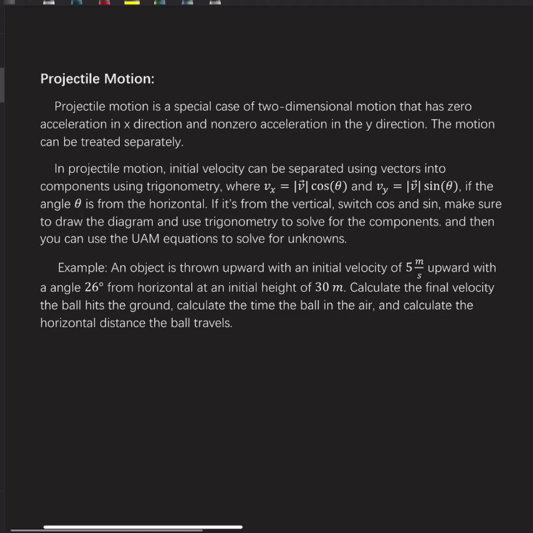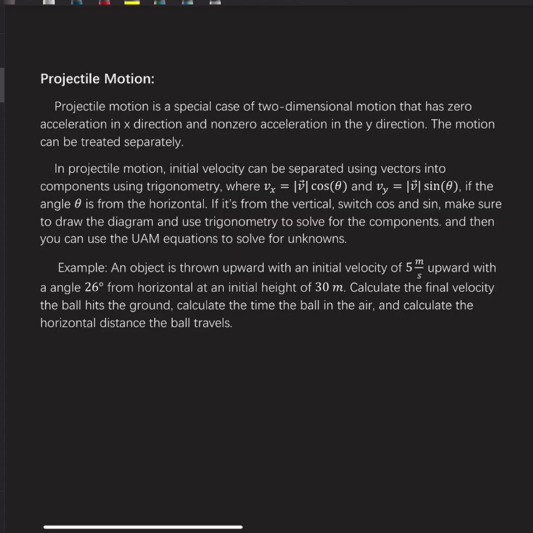And our final concept is projectile motion. Projectile motion is a special case of two-dimensional motion that has zero acceleration in the x direction and non-zero acceleration in the y direction. The motion can be treated separately. In projectile motion, the initial velocity can be separated into components using trigonometry.